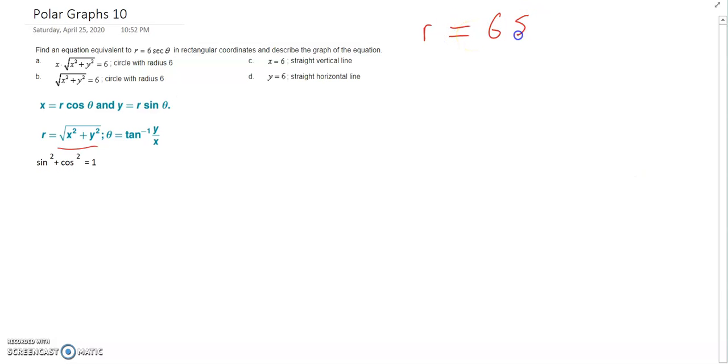r equals 6 secant of theta. Now I'm going to go ahead and write secant as 1 over cosine. And that way I should be able to multiply both sides by cosine and get something that I can replace pretty easily.